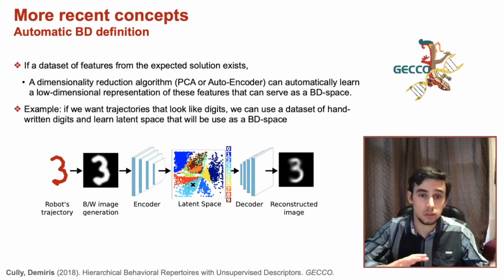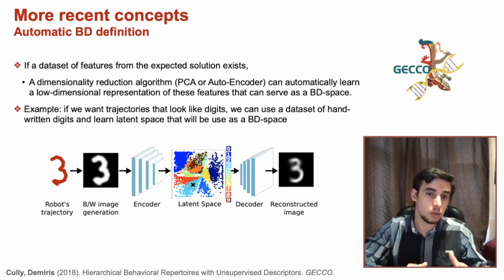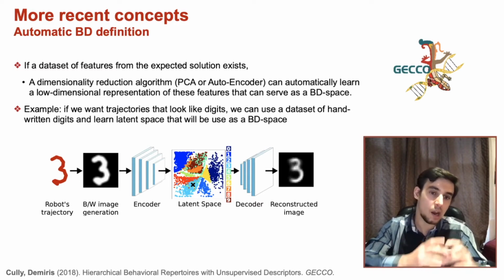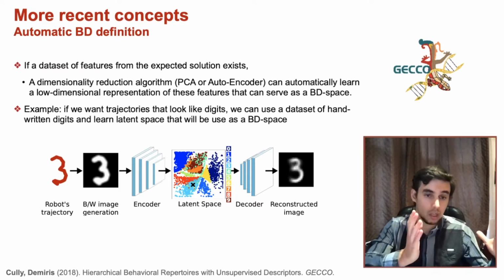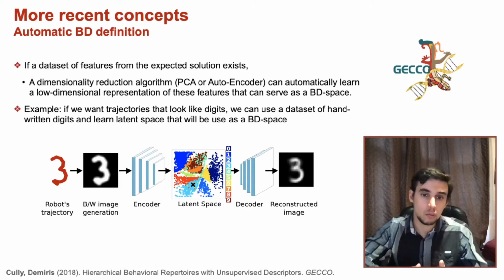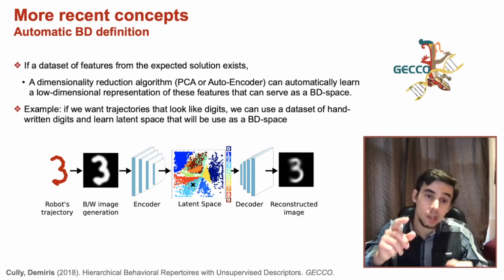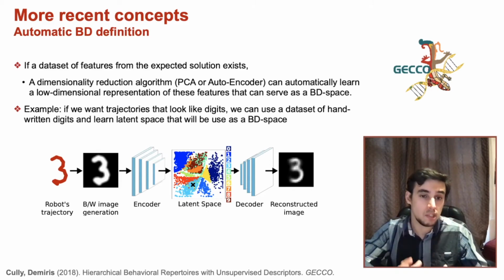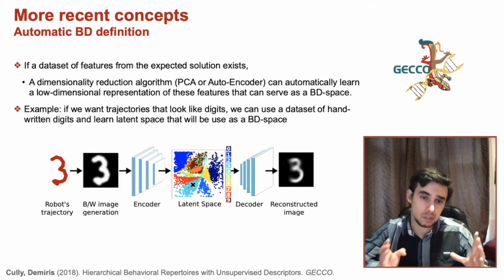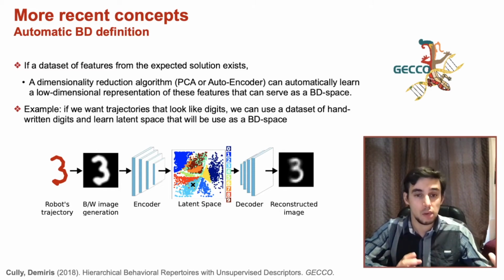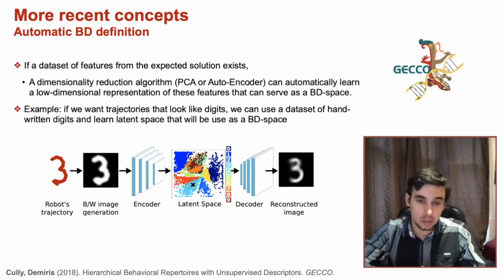So what we decided to do instead is to use a dimensionality reduction algorithm in order to transform high dimensional data into a low dimensional representation that can be used as a behavioral descriptor definition. In practice, we used the MNIST dataset, which is a dataset of handwritten digits, and we trained an autoencoder, which is a famous technique to do dimensionality reduction.